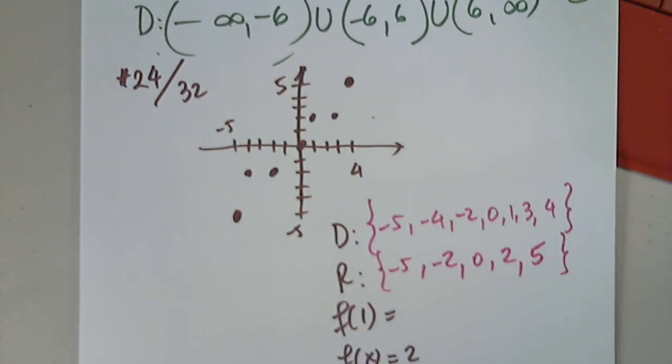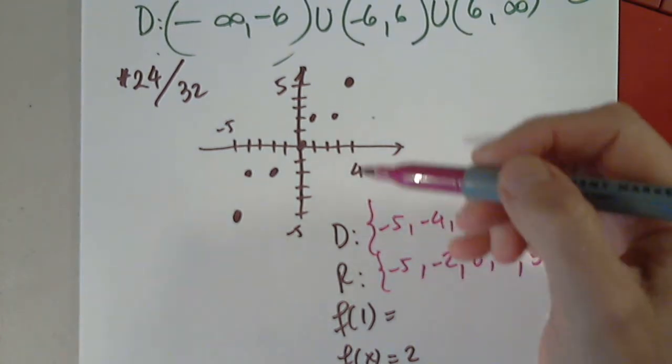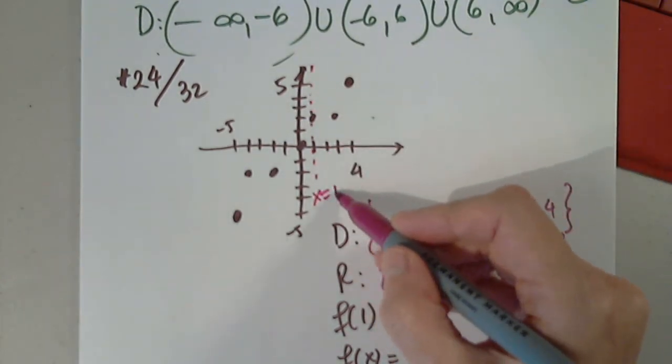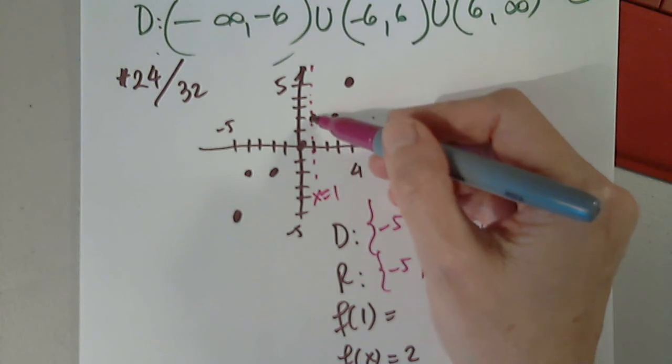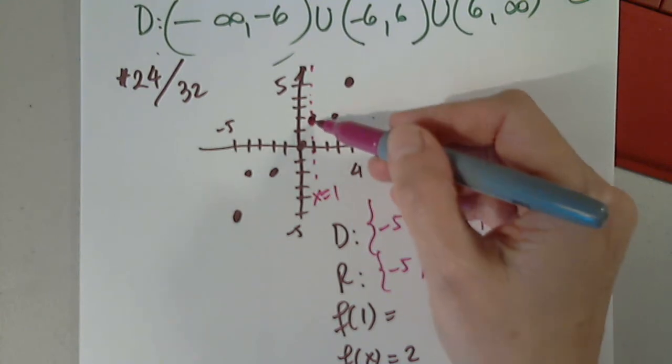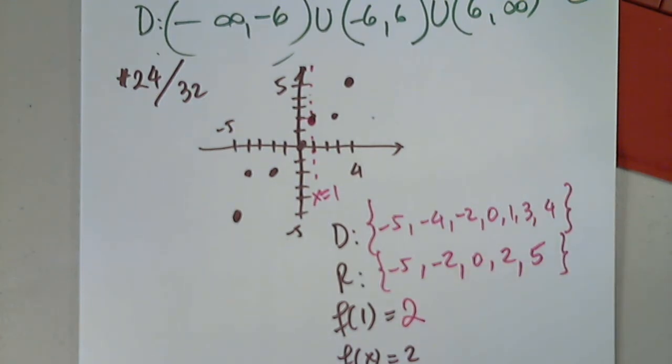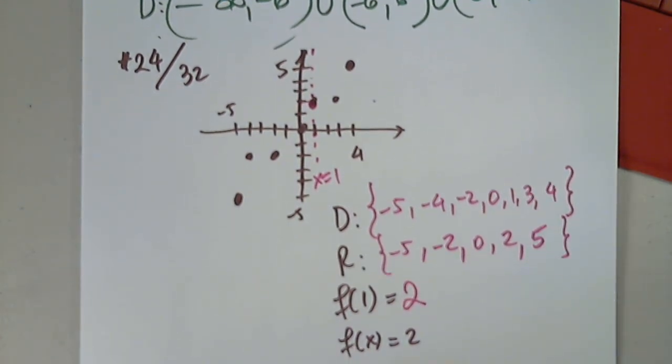And now I have to answer the question, how much is f of 1? So I imagine that I draw a vertical line that represents x equals 1. The line crosses the graph of the function in a point at 2. Now here I'm asked to find x when y is 2.